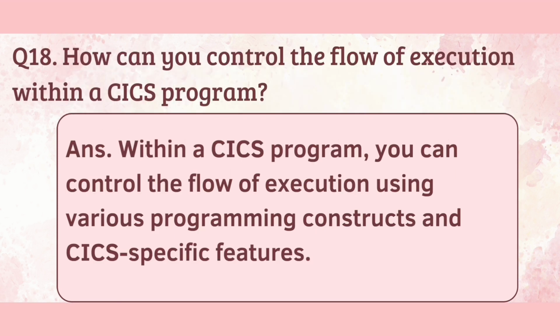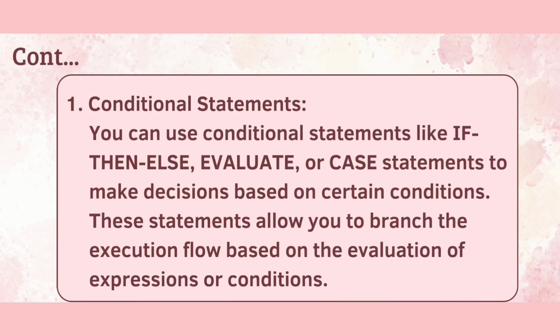Moving to question number 18. How can you control the flow of execution within a CICS program? The answer is, within a CICS program, you can control the flow of execution using various programming constructs and CICS specific features. Here are some ways to control the flow of execution in a CICS program.